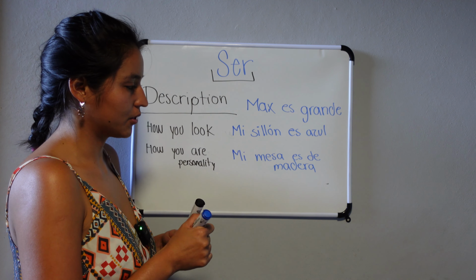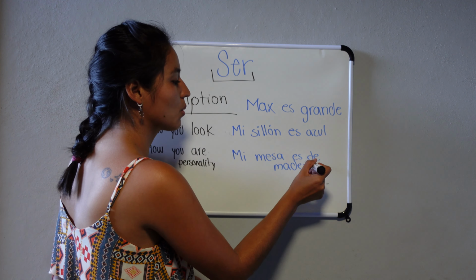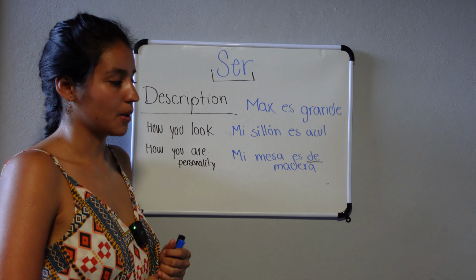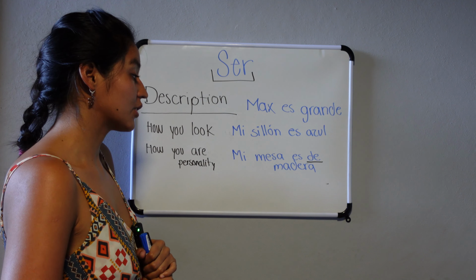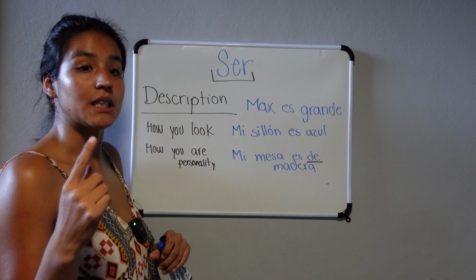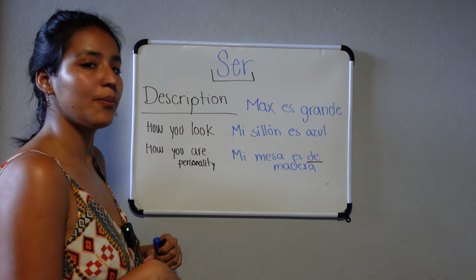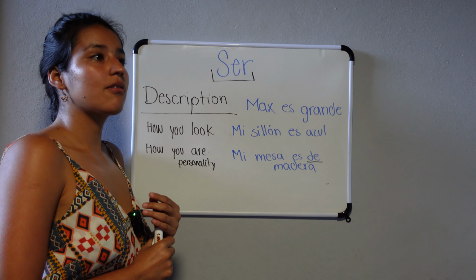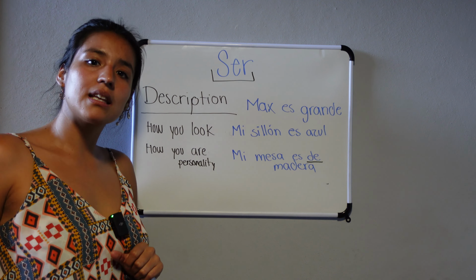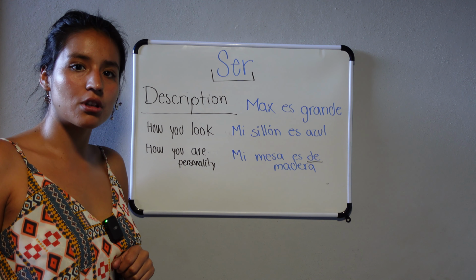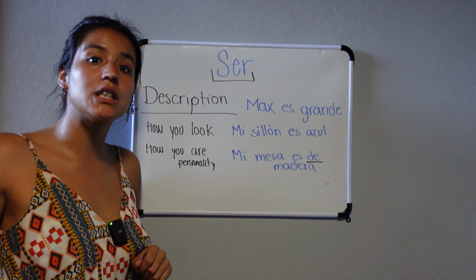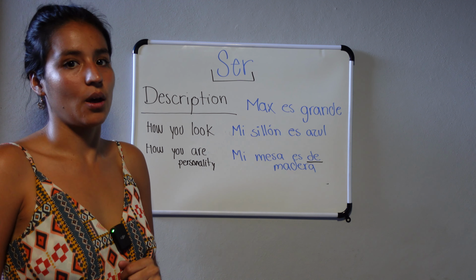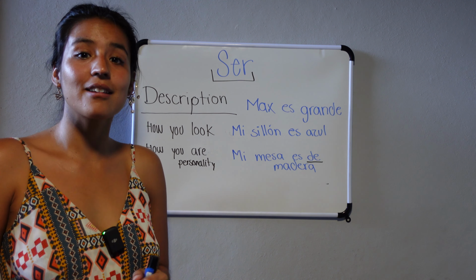Okay, and here we have to add a preposition. That is gonna be this one. But still, we use the same verb, okay? The translation will be my table is made from wood, okay? That's what madera is, wood. And as you can see, whatever you wanna describe, personality, behavior, or how they look, it's ser, always, okay? Next examples.